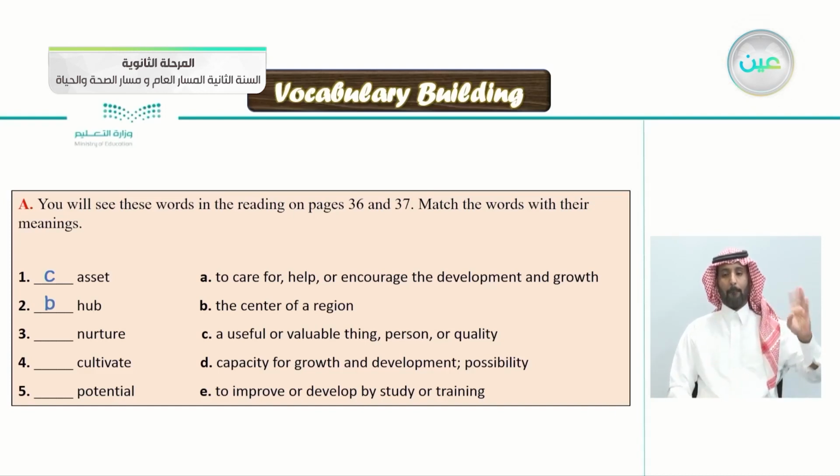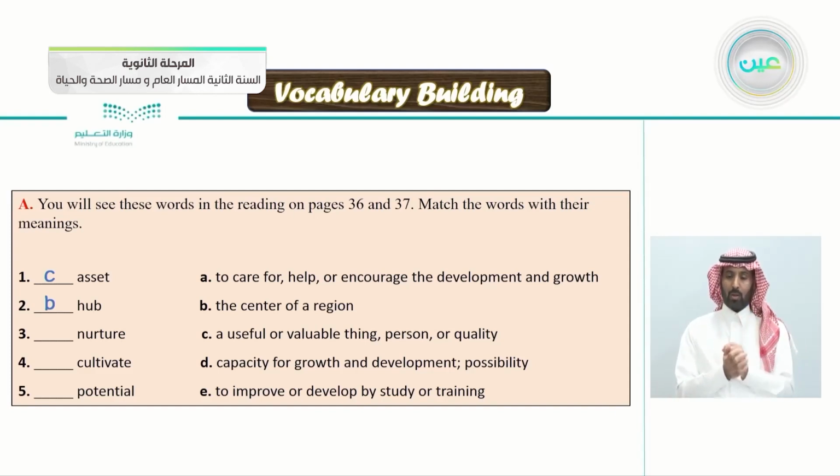Number 3, to nurture. If you remember, they say nurture children in the context. So what does nurture mean? Let's check the correct answer. A, to care for, help, or encourage the development and growth. So when you use it with children, to care for them, help them, and encourage them. Number 4, to cultivate.